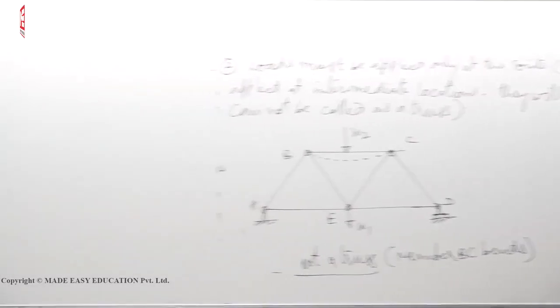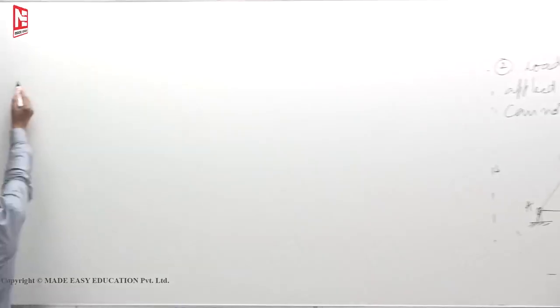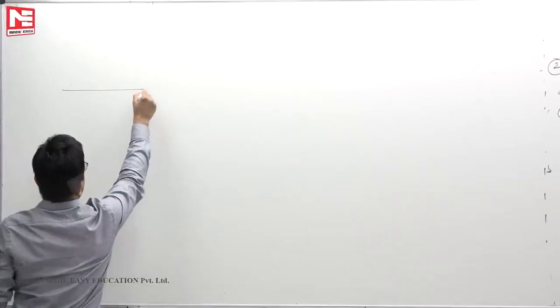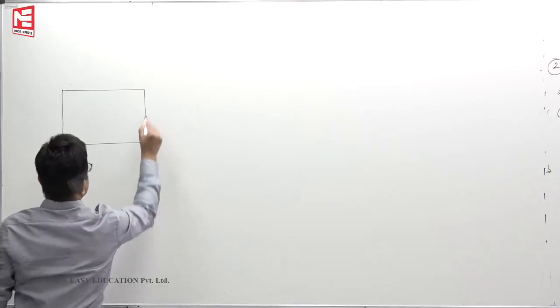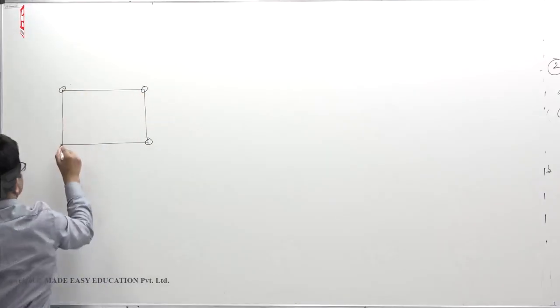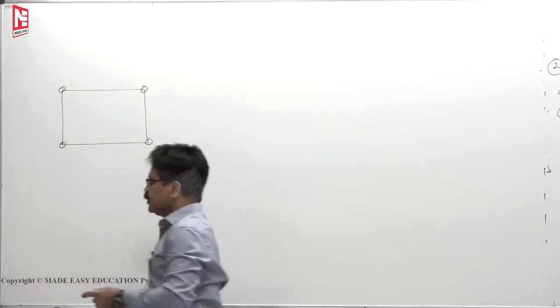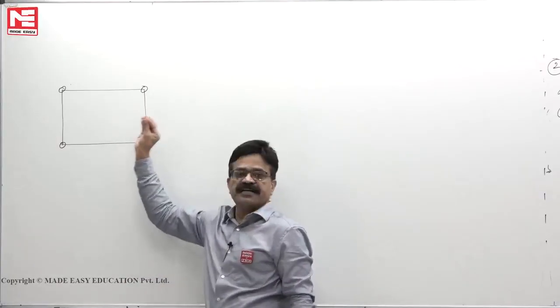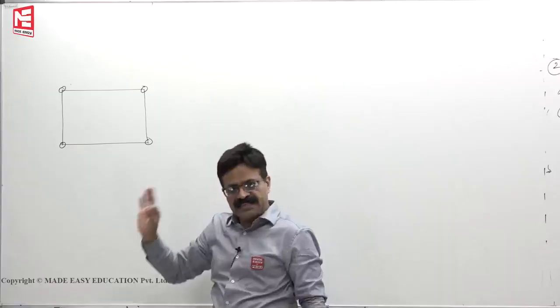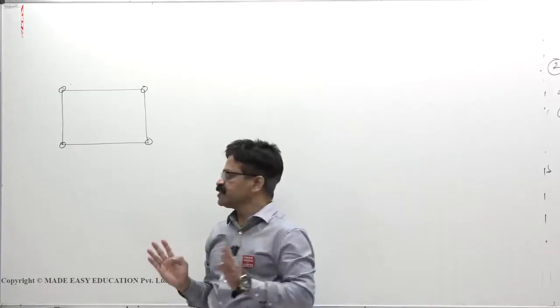Now you see, assume that why triangles, why not squares? This is one link construction say. Now this is a mechanism, means this is unstable structure. Unstable means that rigid body translation.